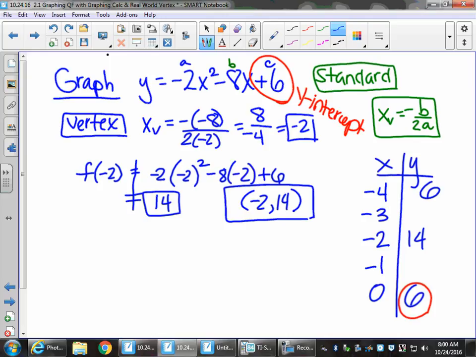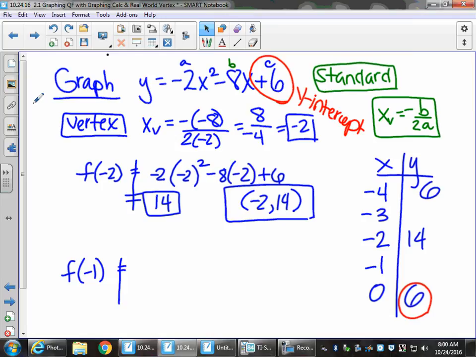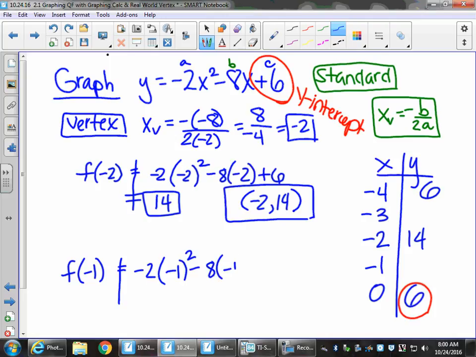F of -1. If you hit second entry, it should pull up this line of work, and then you can just scroll over and change the 2's to 1s. Second enter. If anybody needs help seeing how to do that, let us know.